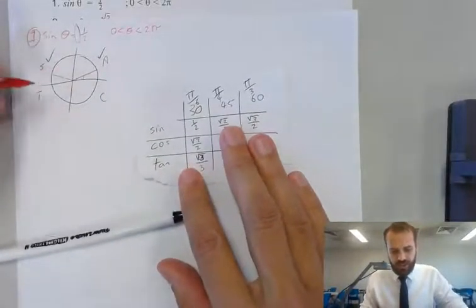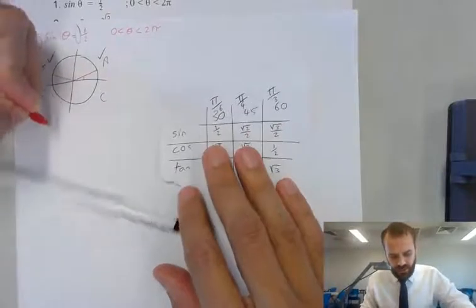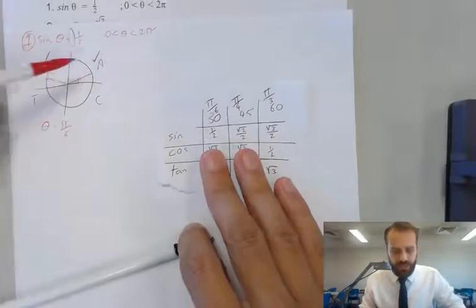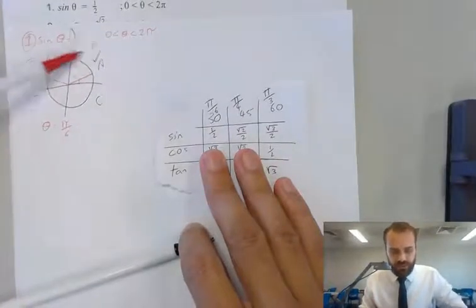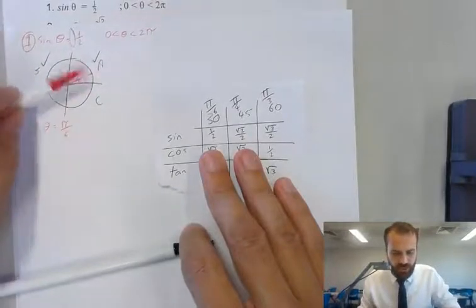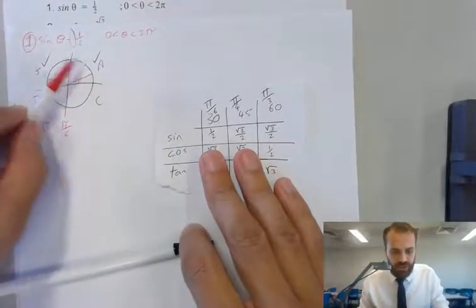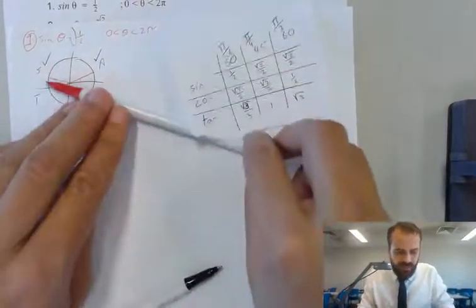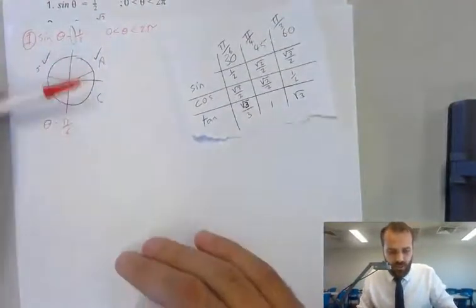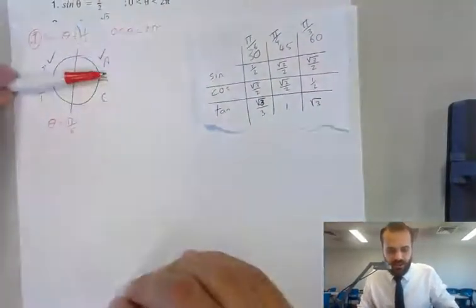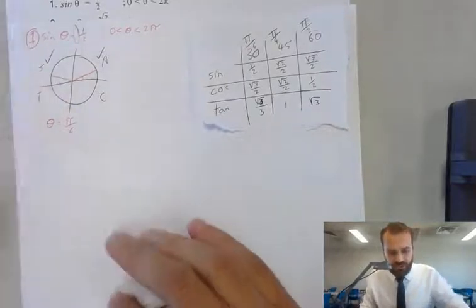That's pi on 6. So theta equals pi on 6. Then I just need to count around the circle. So pi on 6, 2 pi on 6, 3 pi on 6, 4 pi on 6, 5 pi on 6. 150 degrees, which is the same as 5 pi on 6, 5 30s.